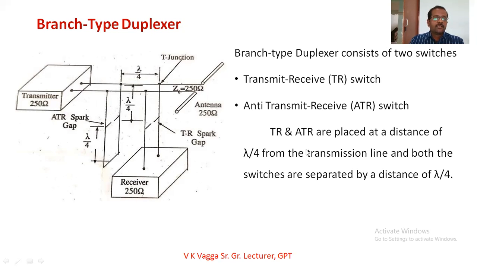Under transmission, the signal is to move only to the antenna from the transmitter, and under reception, the signal from the antenna is to be received only by the receiver. This is controlled by the TR and the ATR.